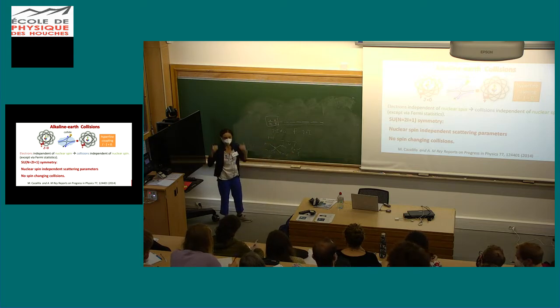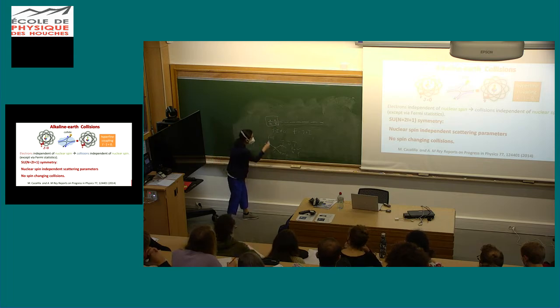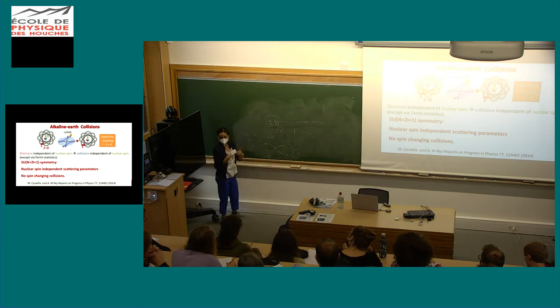And in rubidium, if you remember, you have 2 different scattering lengths. For example, if you have one F equal to 1 atom colliding with one F equal to 1 atom, you can have total F of 2, 1, or 0. And because of quantum statistics, only the 2 and the 0 collisions are the ones that are allowed.